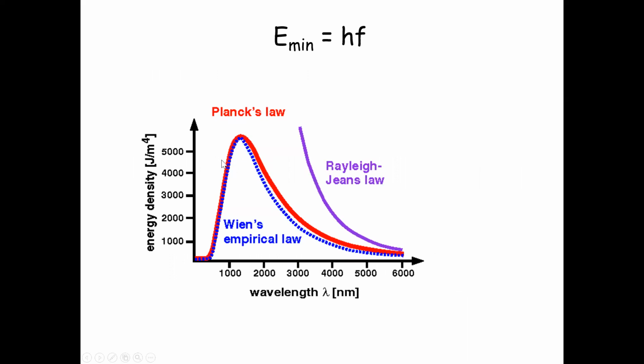This is the Planck law, this is the empirical law, Wien's empirical law, and this is the Planck law of black body radiation. So somehow, by guessing this energy, Max Planck could obtain this very nice result.